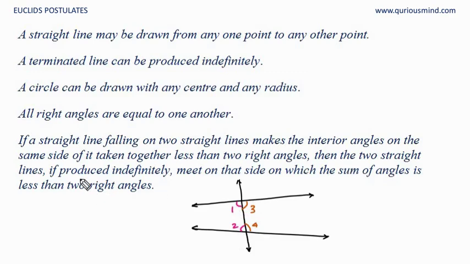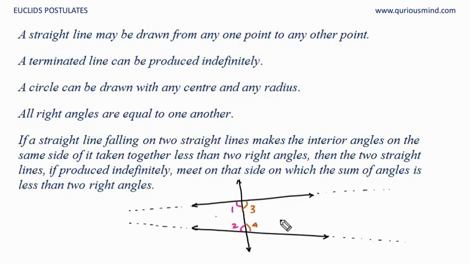Then the two straight lines, if produced indefinitely, so if we go on extending them, meet on that side on which the sum of angles, the sum of these two angles, whichever one of them, is less than two right angles, is less than 180. So if this is less than 180, then these lines will meet on this side. If this is less than 180, they will meet on this side.